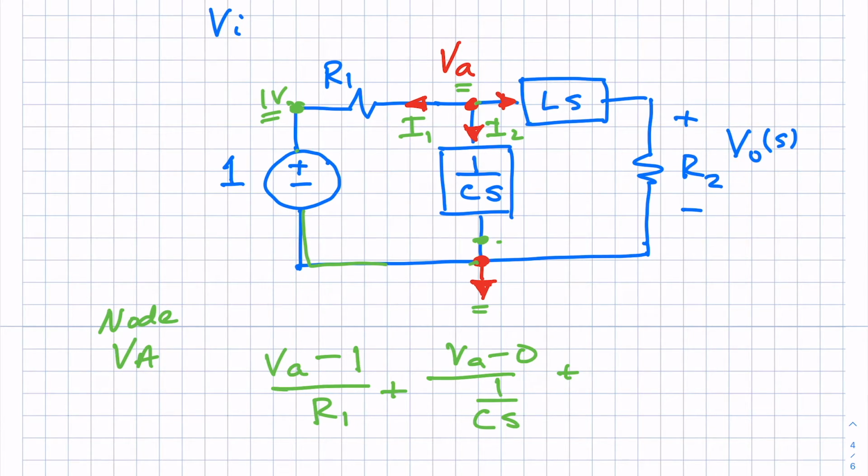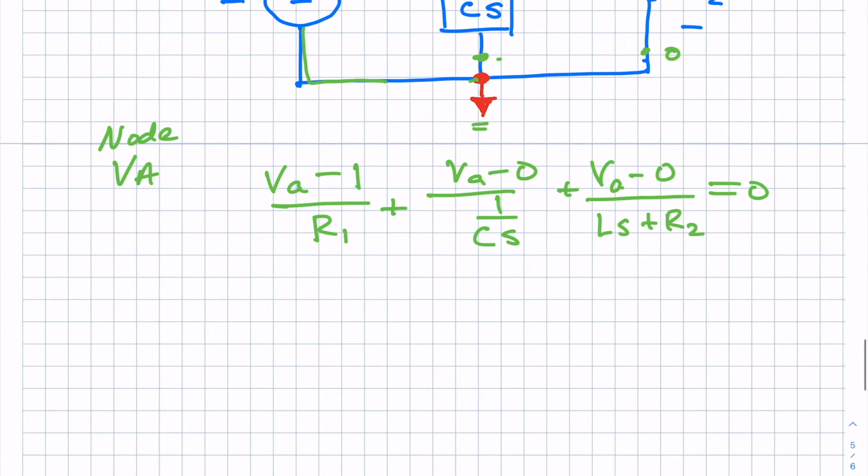Finally, this current coming this way goes through two elements in series. The voltage drop across the two elements is VA minus 0, divided by that branch impedance, LS plus R2, equals 0.